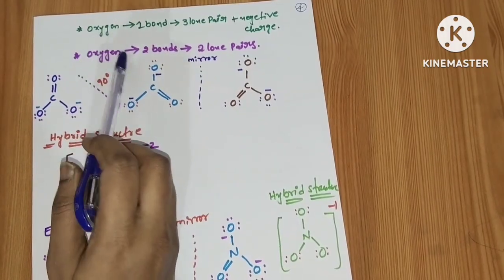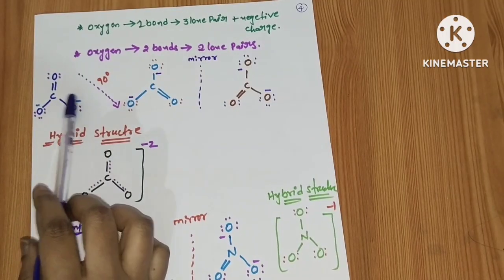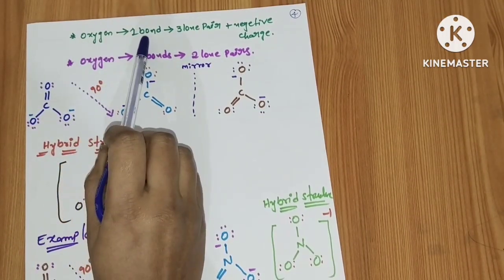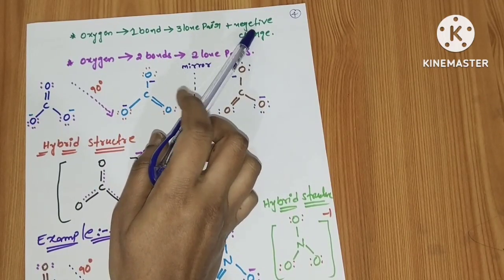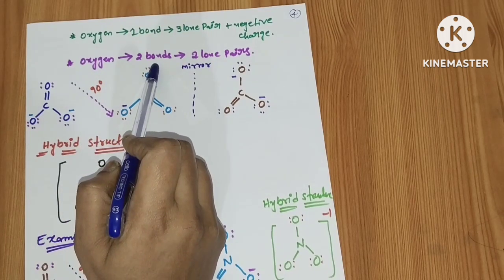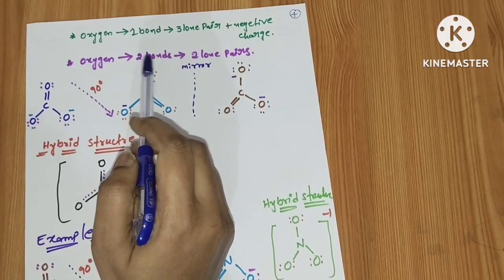Now we will learn resonance structures of trigonal geometry. Consider this carbonate ion. Remember that when oxygen forms a single bond, it has 3 lone pairs of electrons and negative charge. If oxygen forms a double bond, it has 2 lone pairs of electrons and no negative or positive charge.